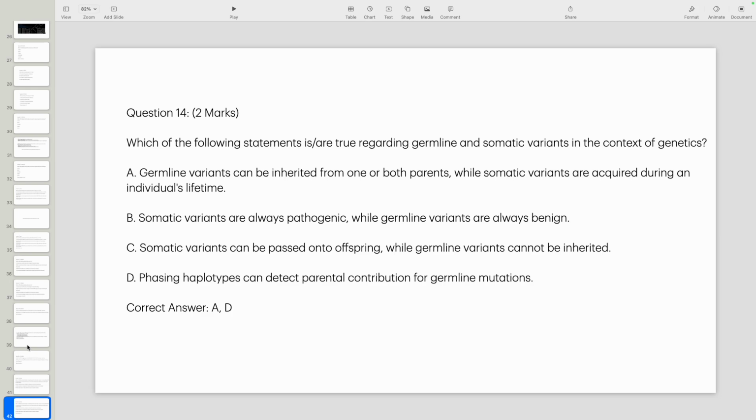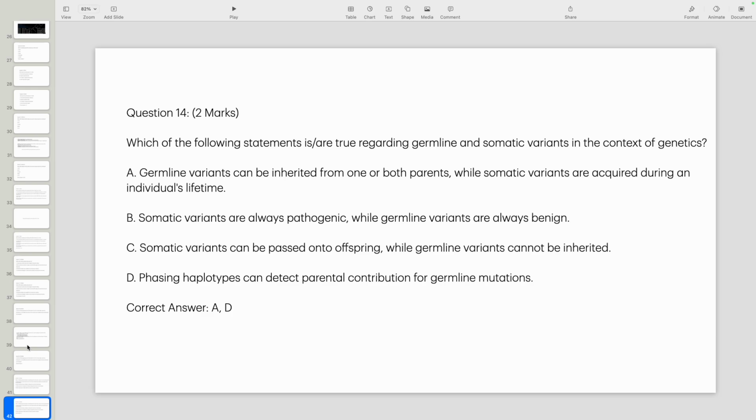Somatic cells cannot pass these mutations from parents to the offspring. We don't get them from our parents; we acquire them during our lifetime.